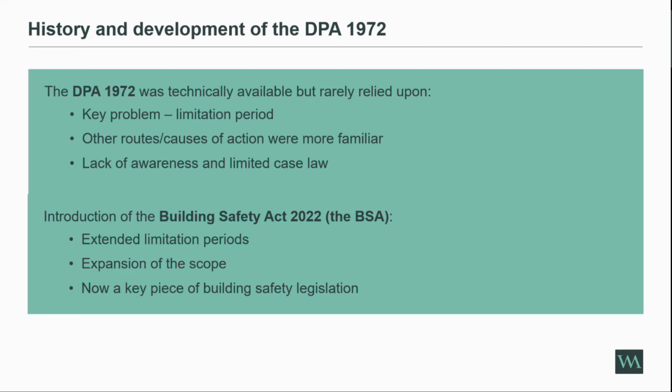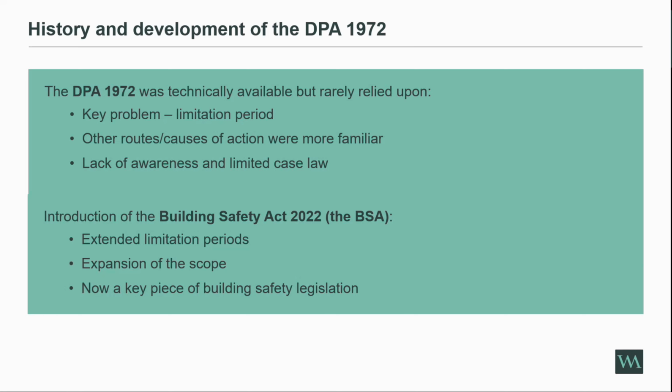And I think one of the other reasons is that there were a lot more familiar causes of action. So before the BSA came about, generally practitioners preferred your contractual claims, so your traditional breach of contract claims, say under a building contract or a warranty. Under those you had really clear obligations, you had express warranties in place, and therefore it just seemed like an easier and more familiar route.